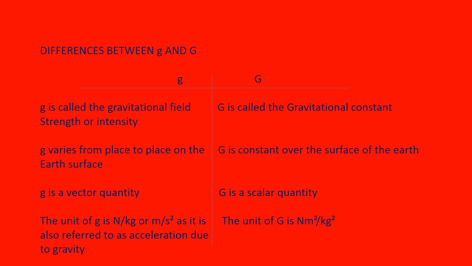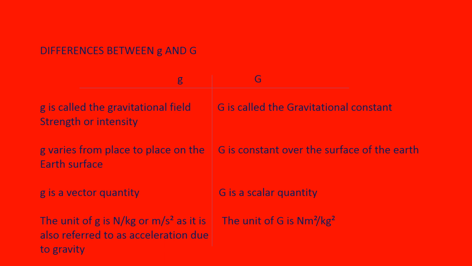Now, the differences between our gravitational field intensity and our gravitational constant, I've listed them out in a tabular form. So our gravitational field strength is what we denote by our small g, while our big G is called the gravitational constant. The second difference is that small g varies from place to place on the Earth's surface.